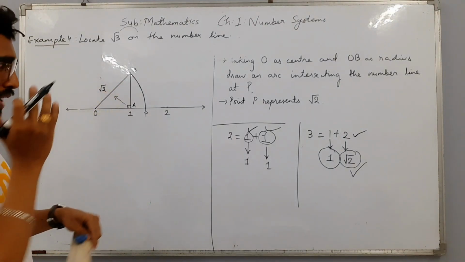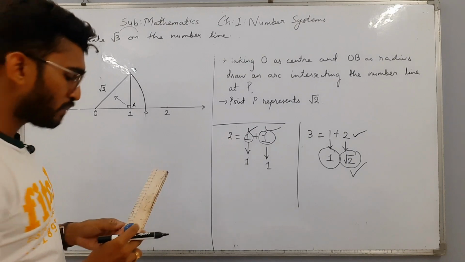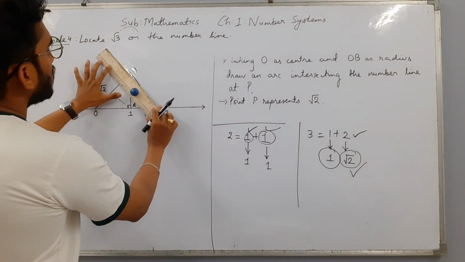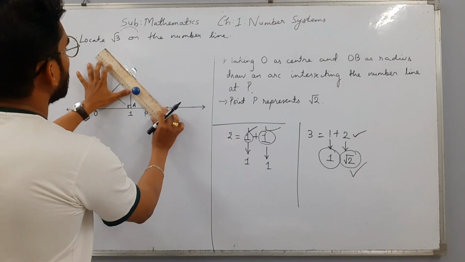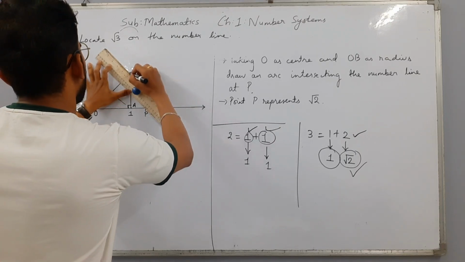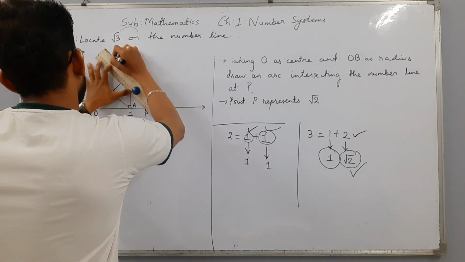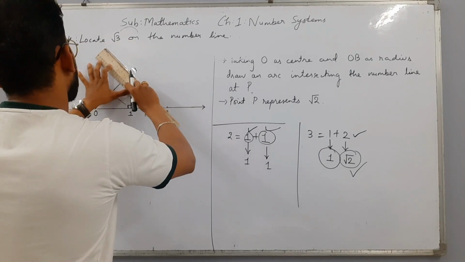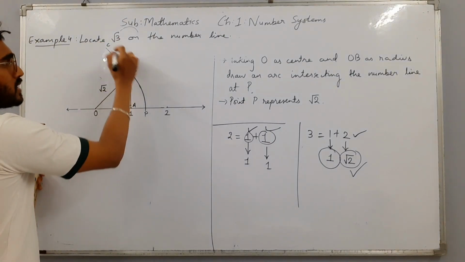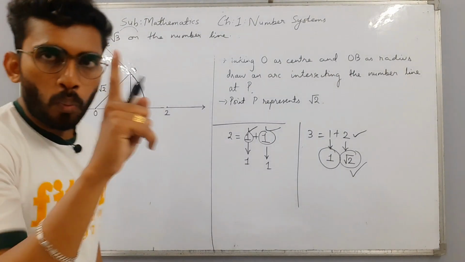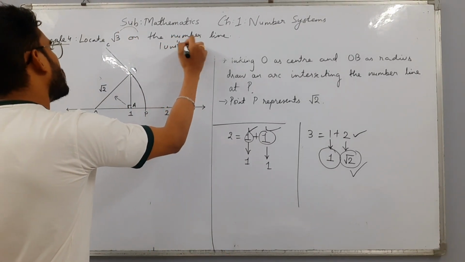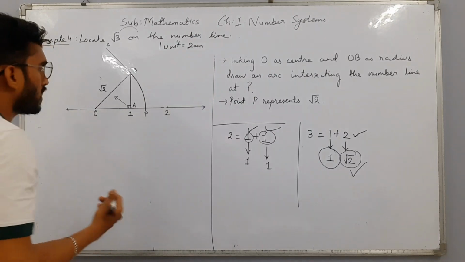So after completing those steps of root 2, from B you make a perpendicular like this, and name this point C. This BC will be 1 unit, and 1 unit means the same thing, we have taken here 2 centimeters, let's say.